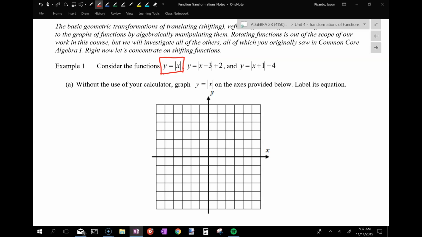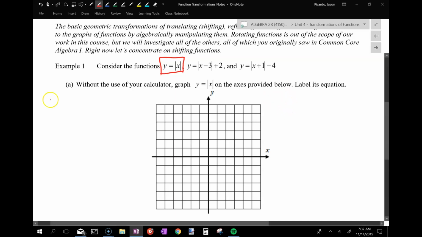What is the absolute value of x? Well, it's a graph that looks like what kind of letter? What does an absolute value graph look like? A V. Yeah, it's one of those. So if I was to create a really quick, crude t-chart, I would have x and the absolute value of x.